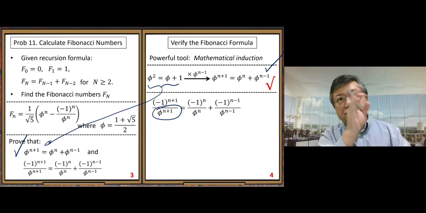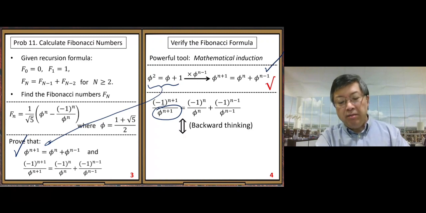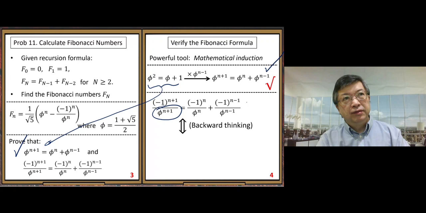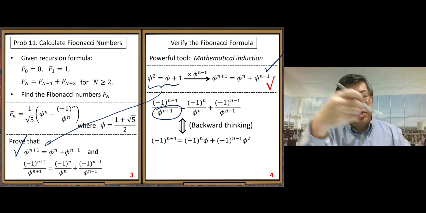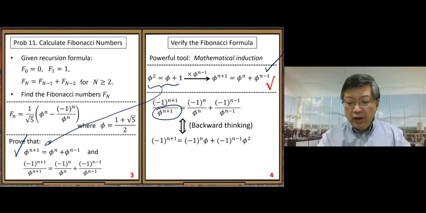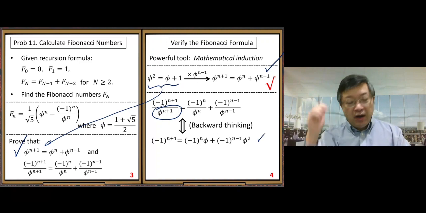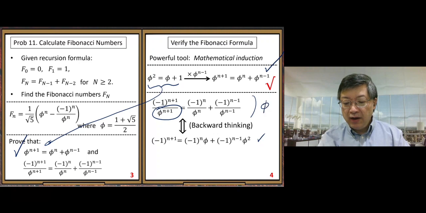So this time we use another commonly used mathematical technique. We call it backward thinking. In order to prove the current formula, we need to go one step backward. We only need to prove this version. How do we get this version? Multiply the common denominator on both sides. You just multiply phi to the n plus 1 on both sides.